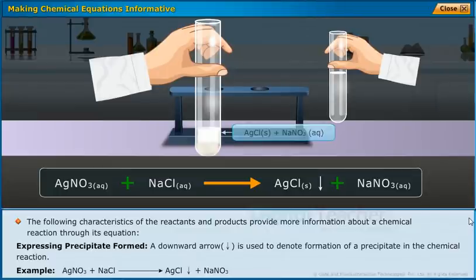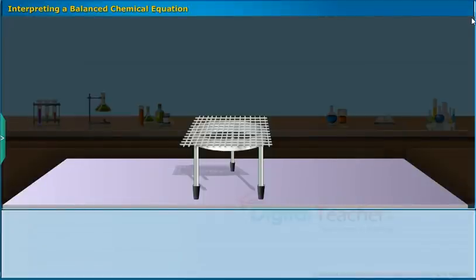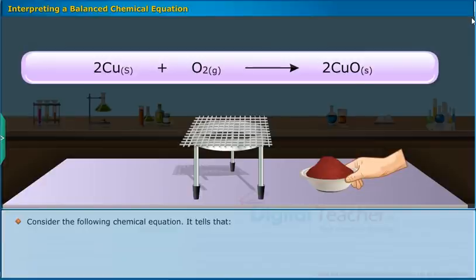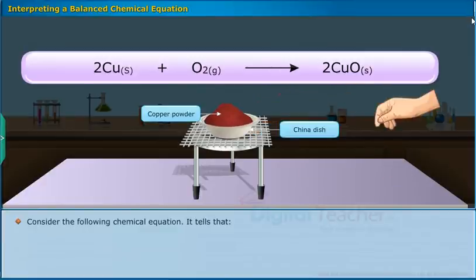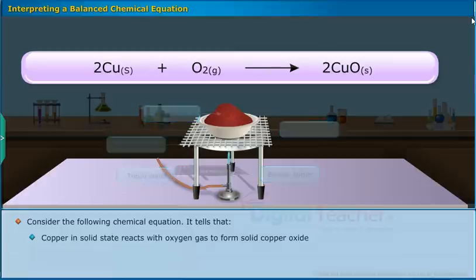Now, let us learn about interpretation of a balanced chemical equation. Interpreting a balanced chemical equation. Consider the following chemical equation. It tells that copper in solid state reacts with oxygen gas to form solid copper oxide.